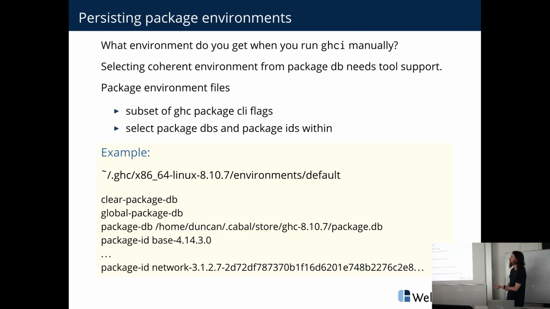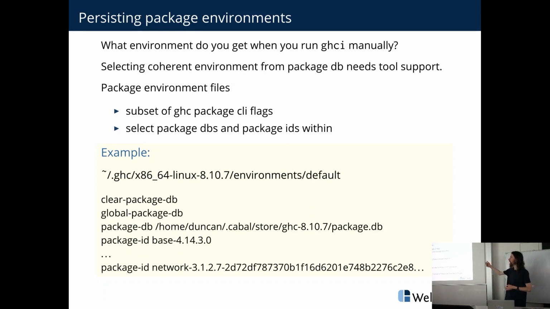It's not something you want to be doing manually. And so to facilitate that, we added a mechanism into GHC some years ago to be able to have package environment files, which are just ways of persisting all of the information that GHC uses to construct a package environment internally. So basically it's a subset of the GHC command line flags that are used for selecting packages to construct an environment, but you put it into a file.